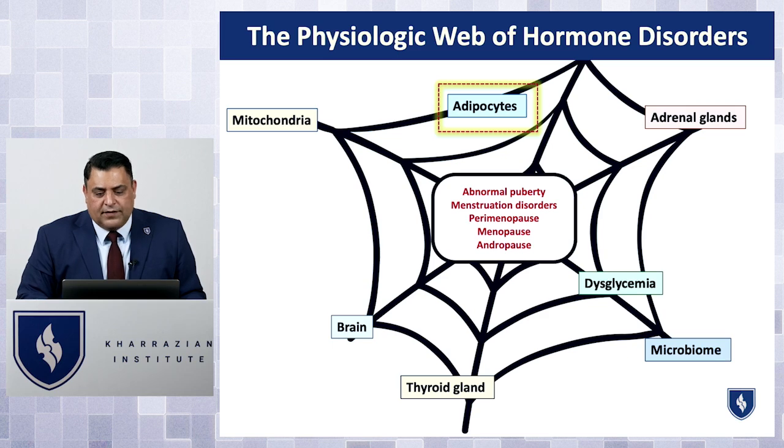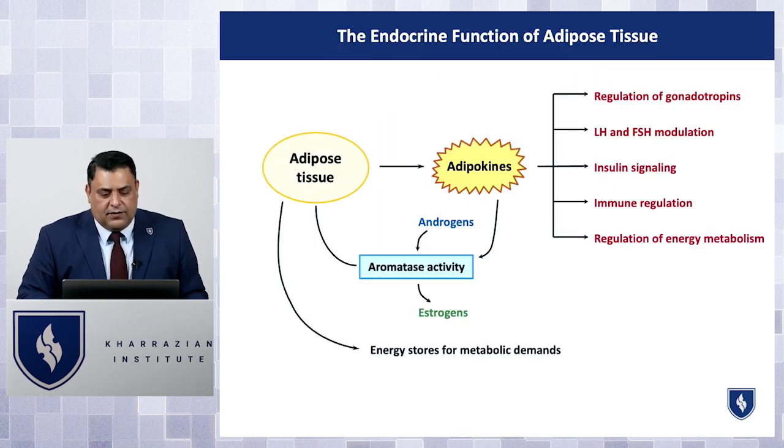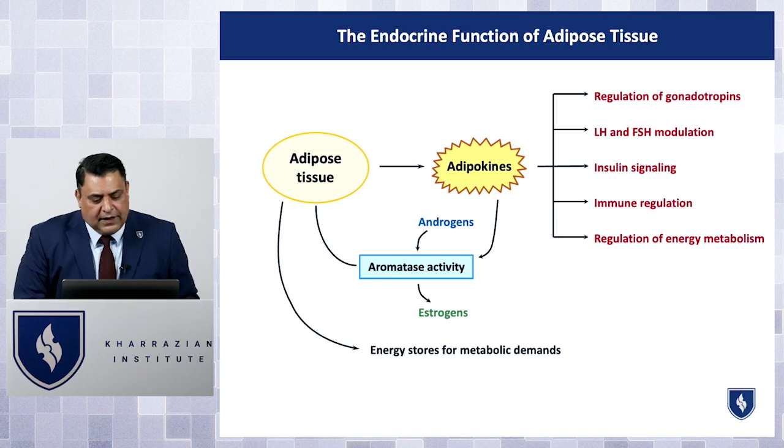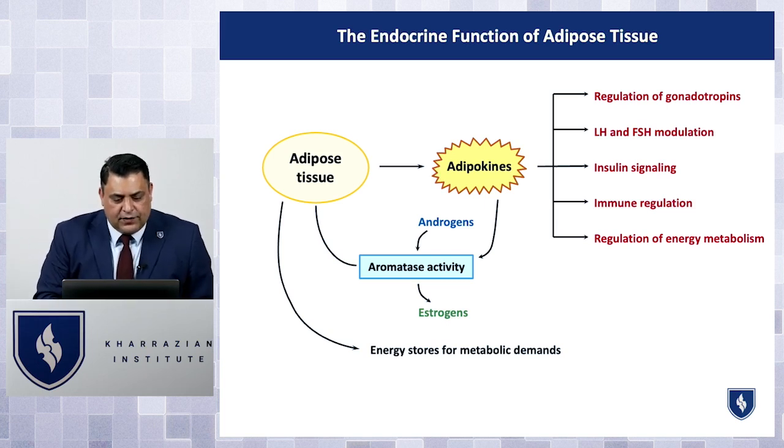So when we look at adipocytes, they produce adipokines and they also contain aromatase activity. So this is the basic concept. Adipose tissue, number one, are energy stores for metabolic demands. Number two, they have the enzyme aromatase in them that converts androgens to estrogens. And for females, this is critical to maintain their estrogen levels.